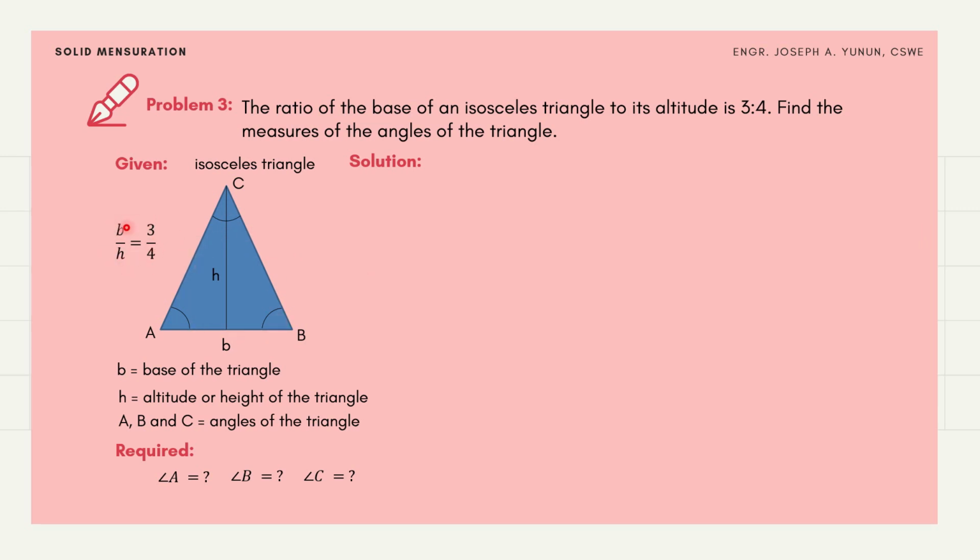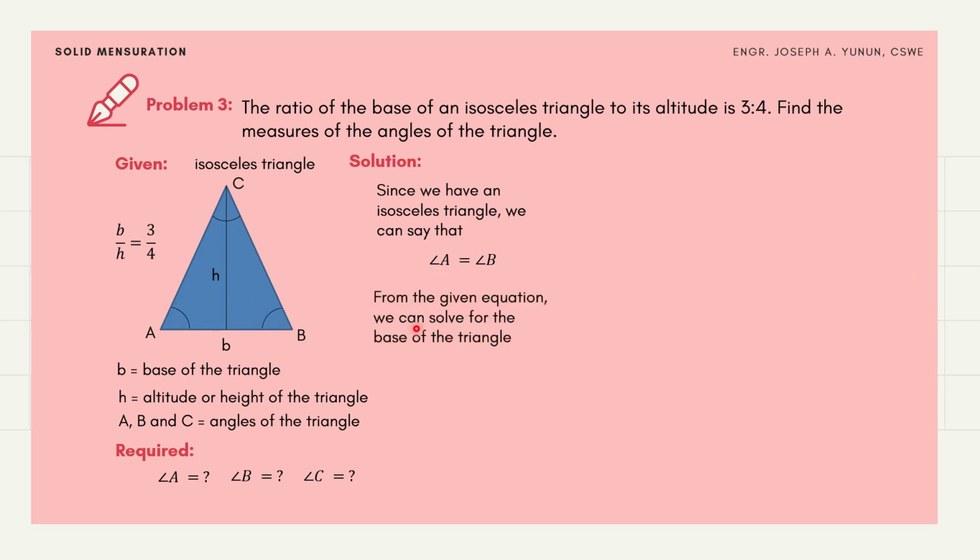So the ratio of the base and the height. Since we have an isosceles triangle, we can say that angle A is equal to angle B, and similarly side AC is equal to side BC. So I'll just use the angle.